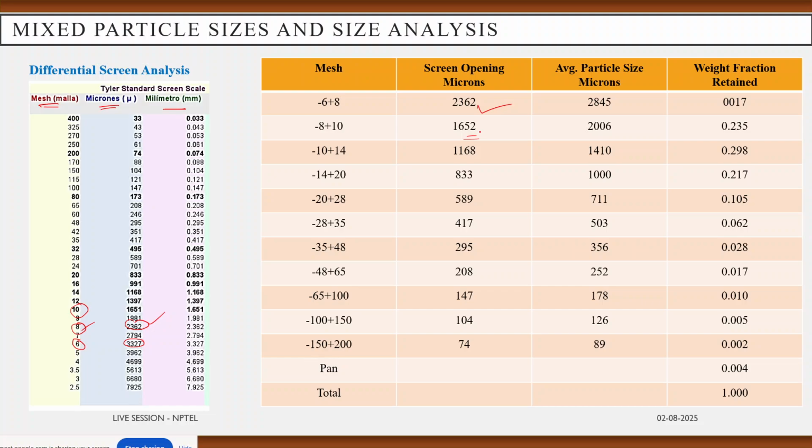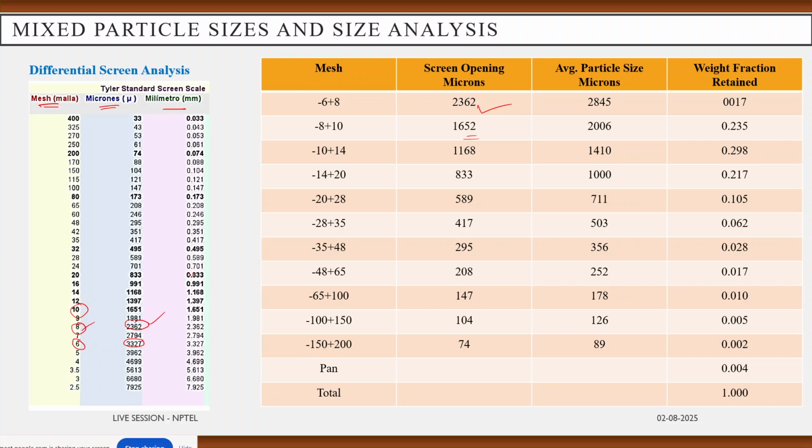Now the average particle size in microns will be calculated based on, suppose this is 6 and 8, 3327 plus 2362 divided by 2, that will be 2845.